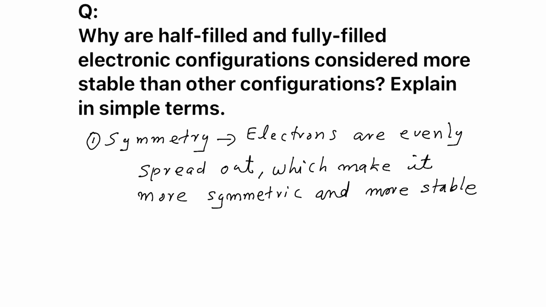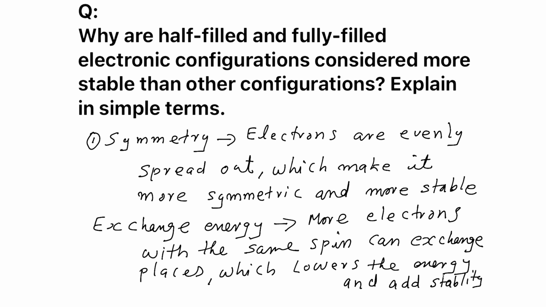So what is the second point? More electrons with the same spin. If you check half-filled and fully filled configurations, you can see there will be more electrons with the same orientation of spin, and they can change their position. If they change their position, more energy is reduced.